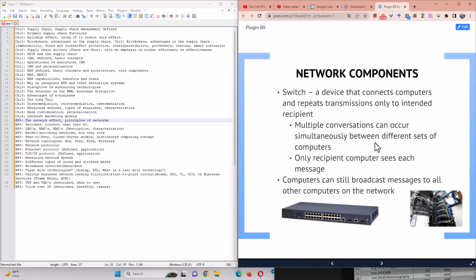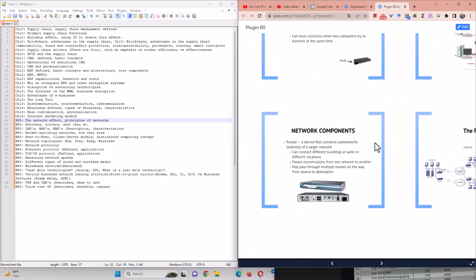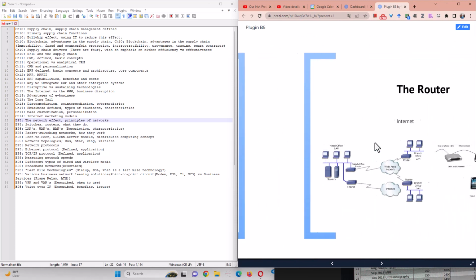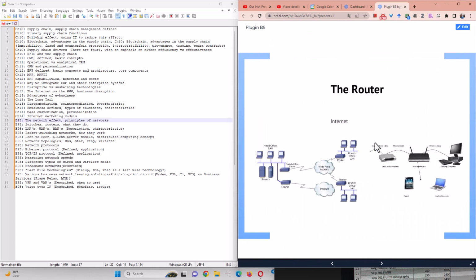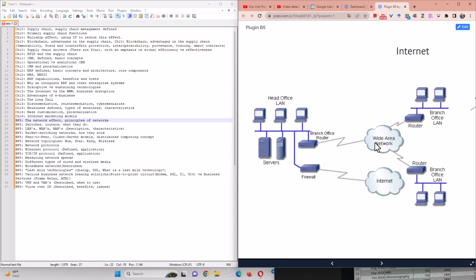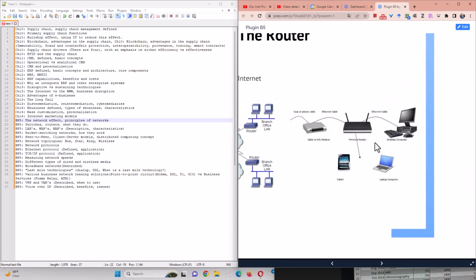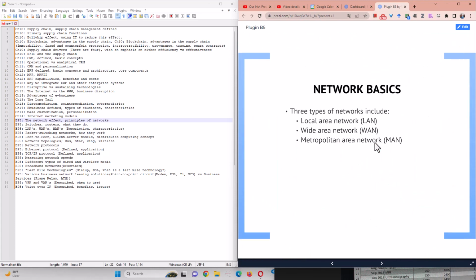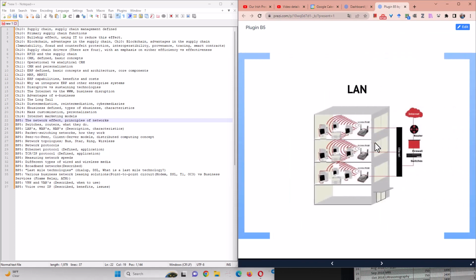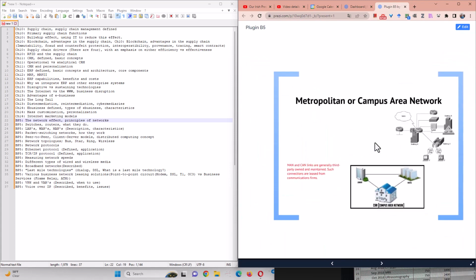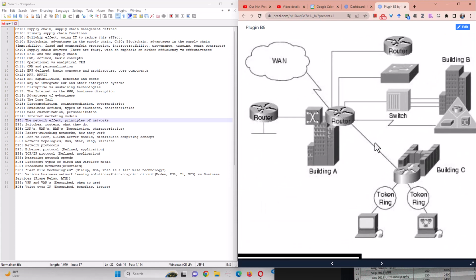You should know what switches and routers are, and the different types of networks, LANs versus WANs, LANs versus MANs, if you will, and then versus wide area networks.